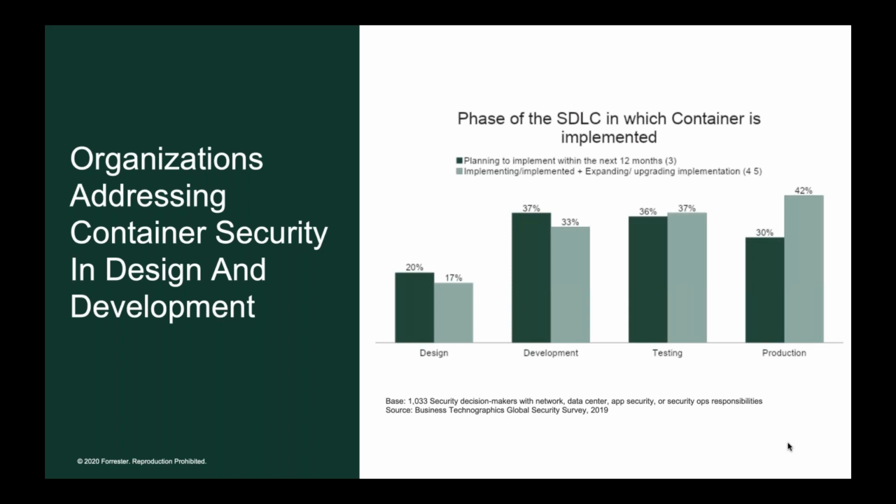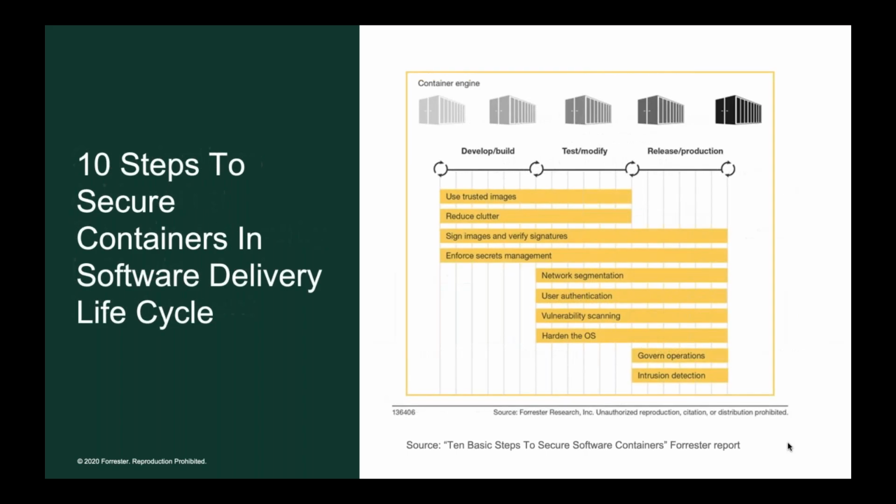So the fact is that currently out there, most images are very vulnerable, and many of them are not really being taken care of in organizations today. So this is really something that organizations have to pay attention to. And in fact, it is one of the key steps in securing containers during the software delivery lifecycle.